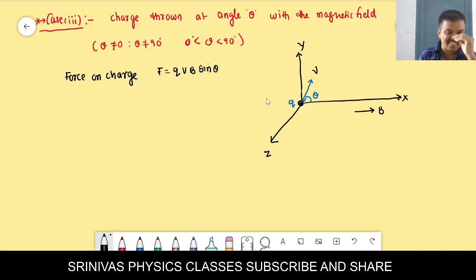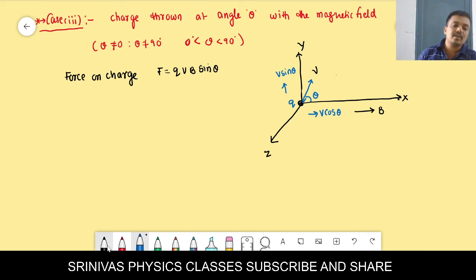A charge Q moving with velocity v in a magnetic field of induction B at an angle theta, then the force formula is QVB sin theta. Now the velocity is split into components. Along the x-axis, the velocity is v cos theta. Along the y-axis, the velocity is v sin theta.